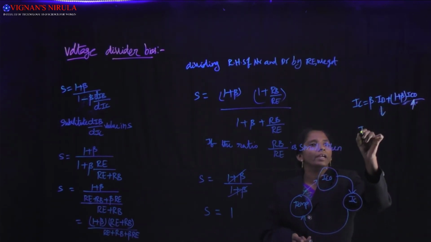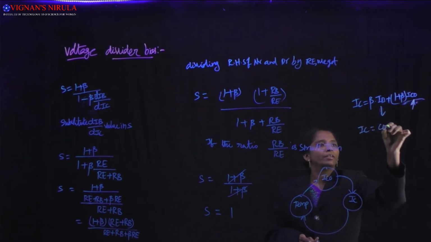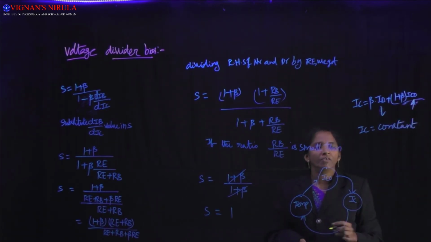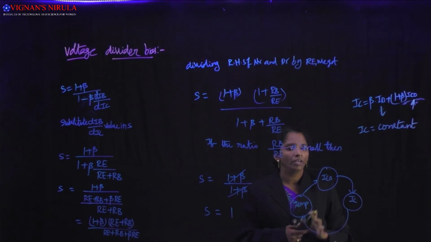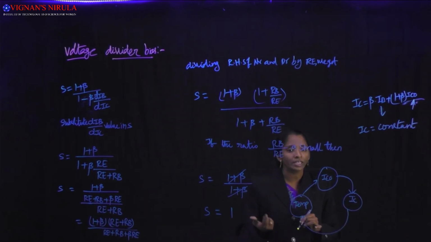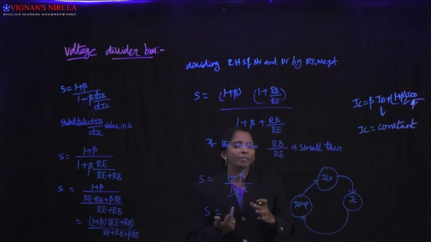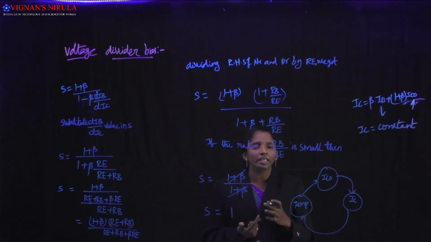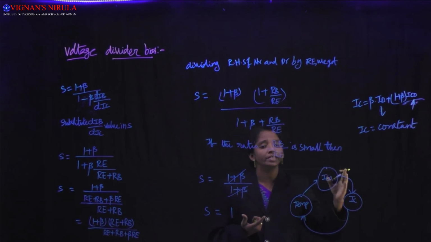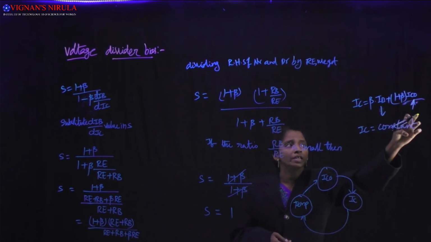At that time, IC will be constant. So there is no shifting of the operating point. Here we are using a feedback resistor, that is RE, to reduce the IB. It controls the IB value. If temperature increases, the reverse saturation current will increase.